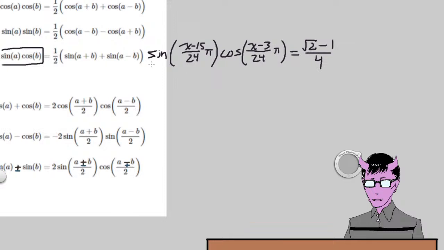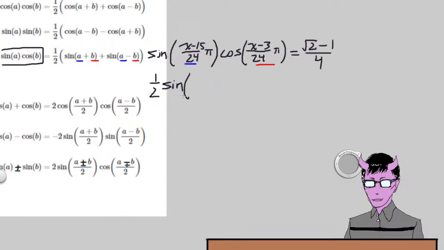So here we go. We have a 1/2 first from the algorithm. And then sine of a plus b. And thankfully this 24 here already matches that 24, so we can just sum the top portions.